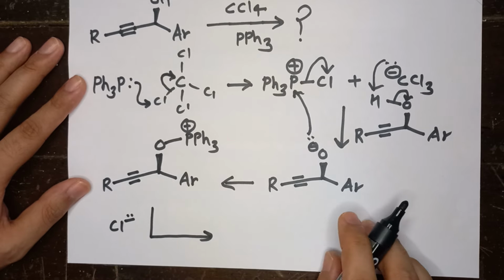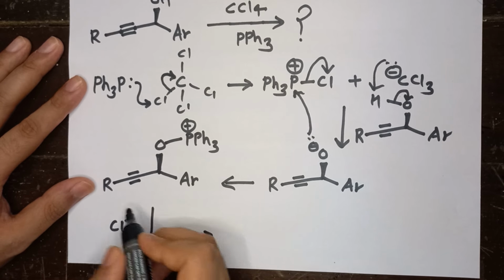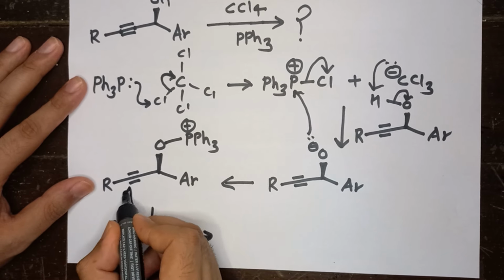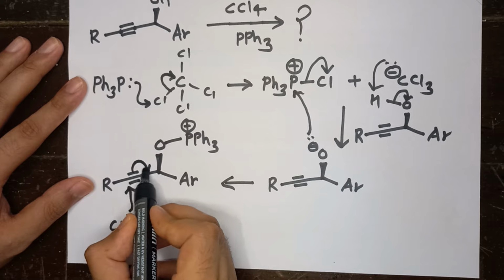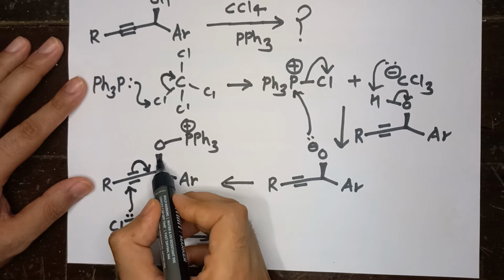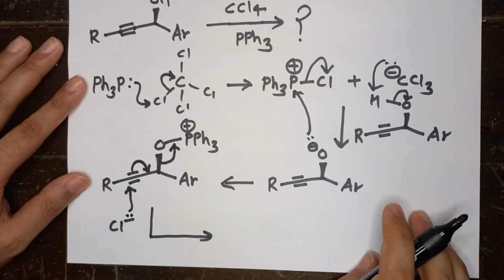But instead this chloride ion will attack at this alkyne carbon. This triple bond, one of the bonds will form a double bond here, and this bond is going to break to form the triphenylphosphine oxide. So why does it happen?